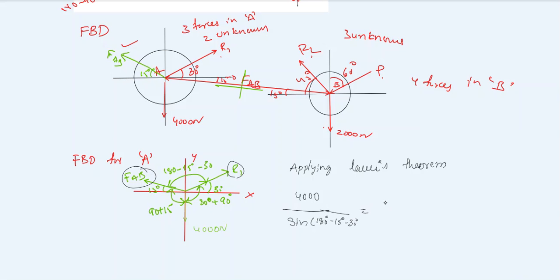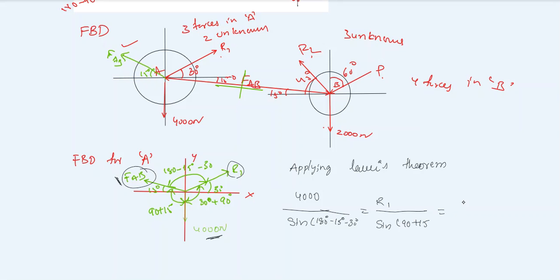I don't know R1, so let us write R1 divided by sine of the angle between 4000 Newton and FAB, which is 90 plus 15.